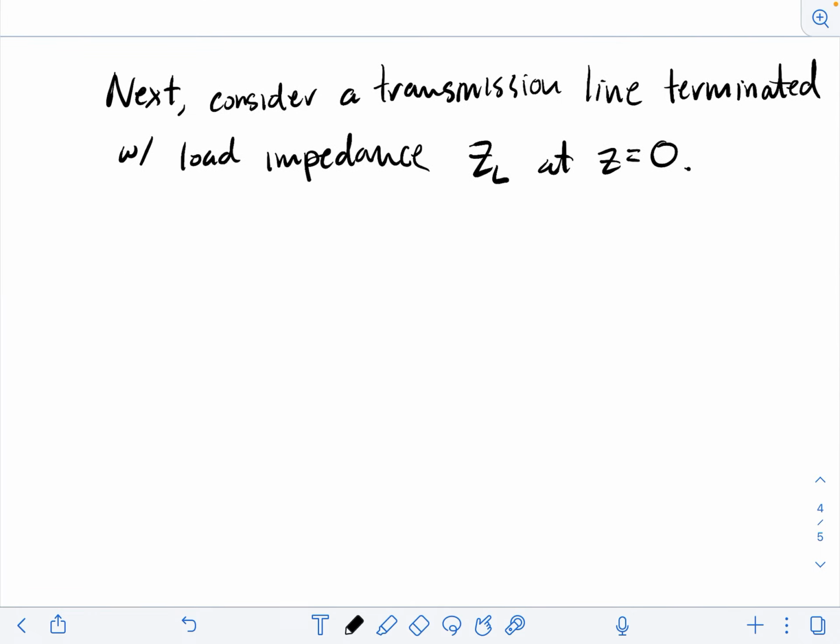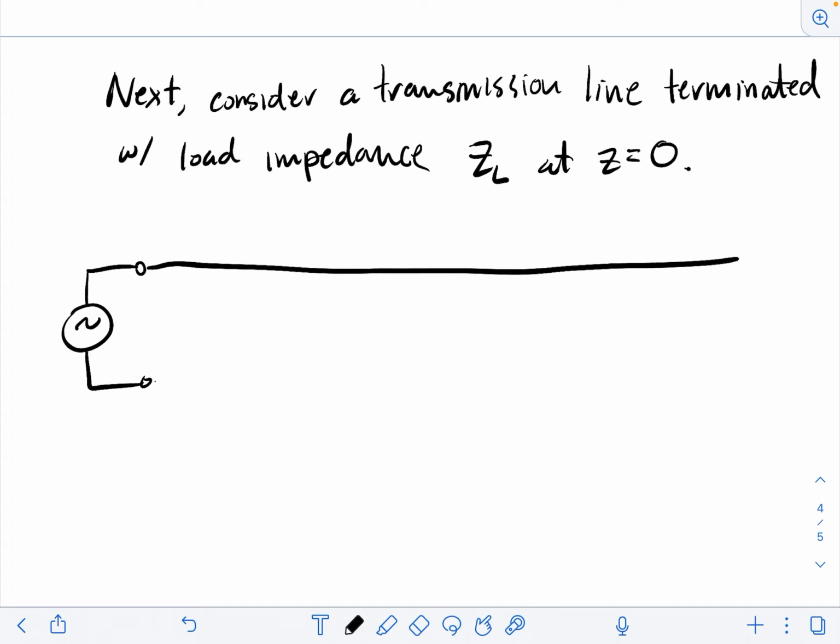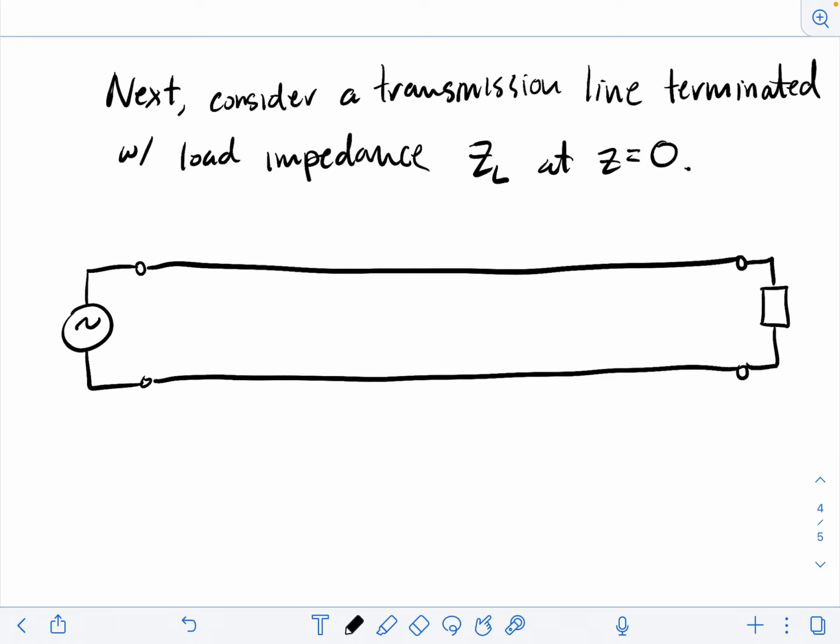So what it looks like then is we have a function generator connected to our transmission line of some length L. And then over here at the end, we're going to connect some impedance ZL, some combination of resistors, inductors, and capacitors.